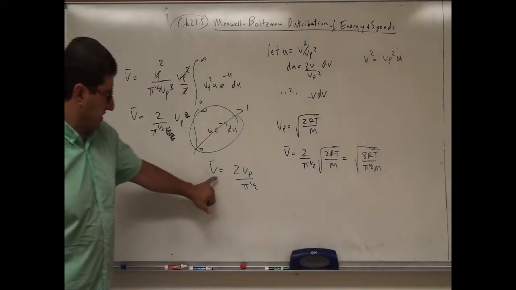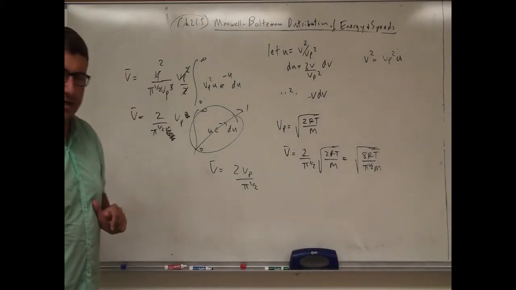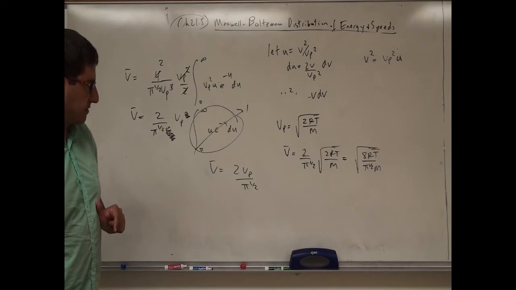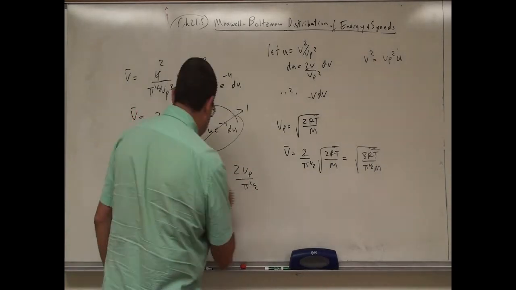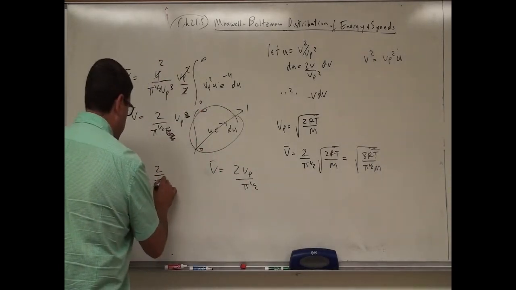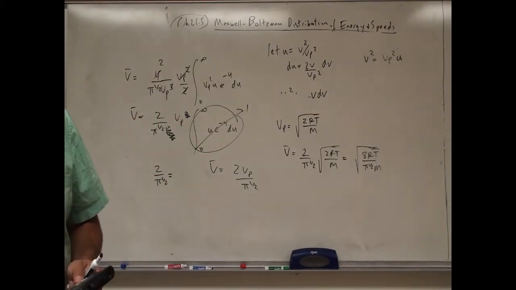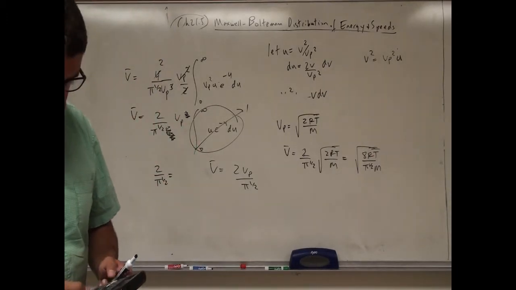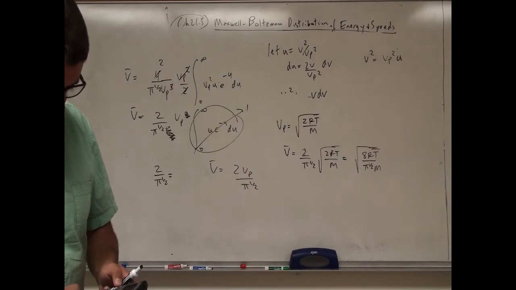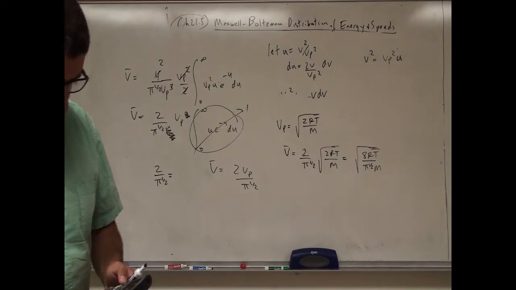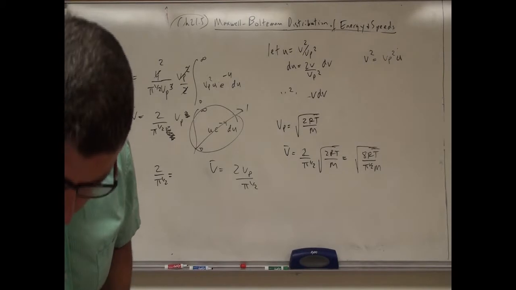One of the things we see is that V average is a higher number than Vp, right? What is 2 over pi to the half? Let's calculate what that is. 2 divided by pi to the power 0.5, 1.128.